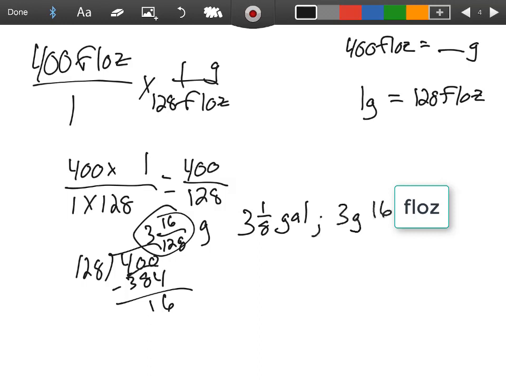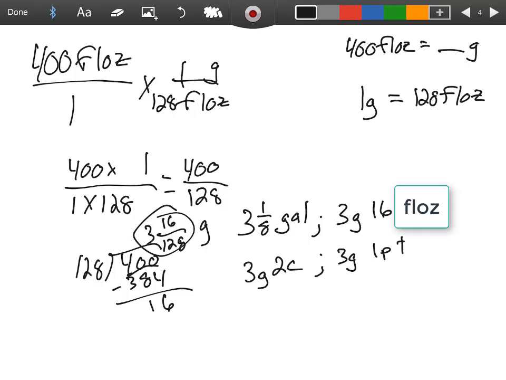However, we know that 16 fluid ounces can be written a couple different ways too. We could call that 3 gallons, and then since there's 8 fluid ounces in each cup, we could call that 2 cups.